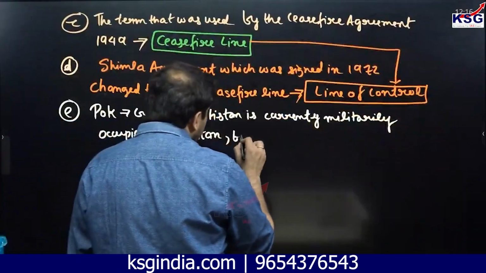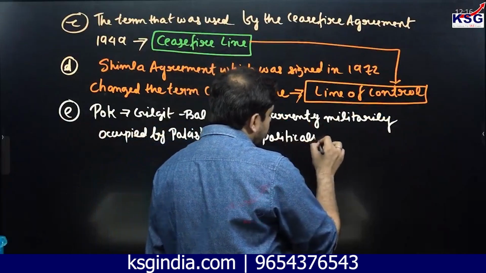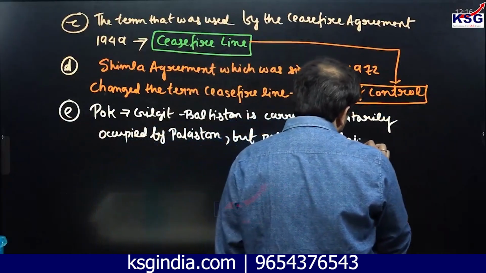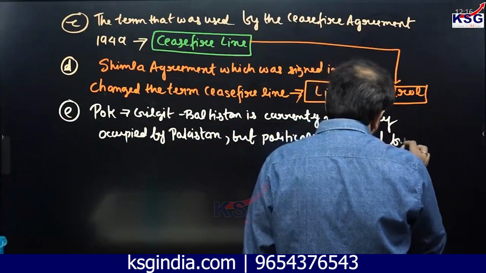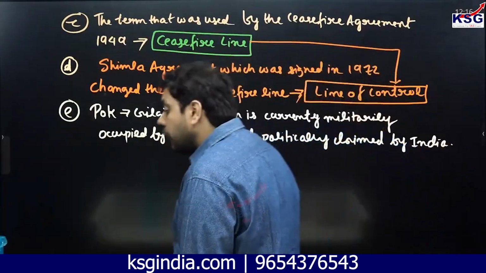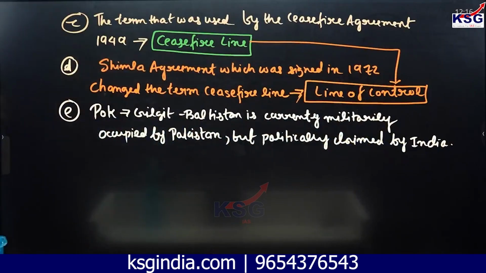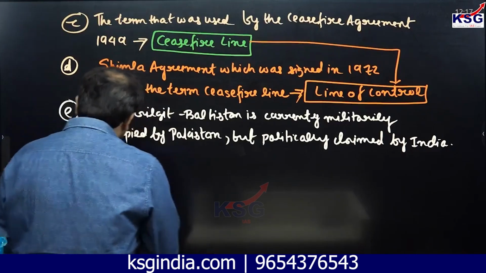But politically, claimed by India. मतलब जो पाक ऑक्यूपाइड कश्मीर है उसका मिलिट्री ऑक्यूपेशन तो पाकिस्तान के द्वारा हो रखा है, बट आज के समय में भी पॉलिटिकल रूप से हम उसको भारत का हिस्सा मानते हैं. राइट.